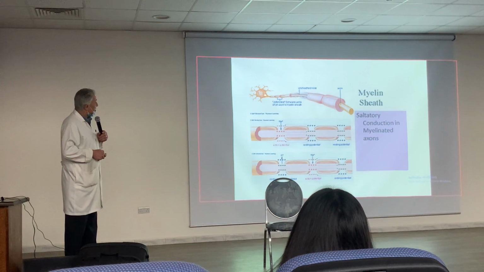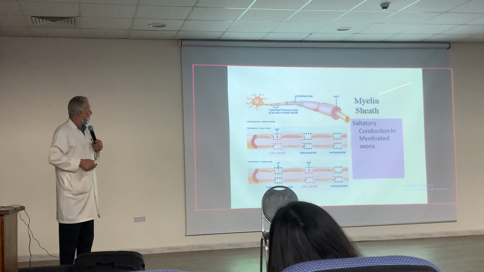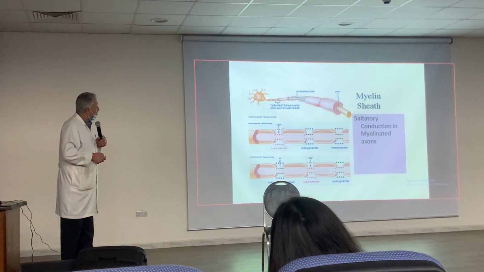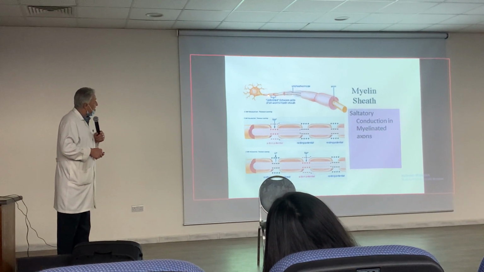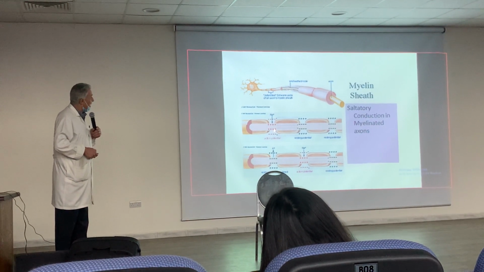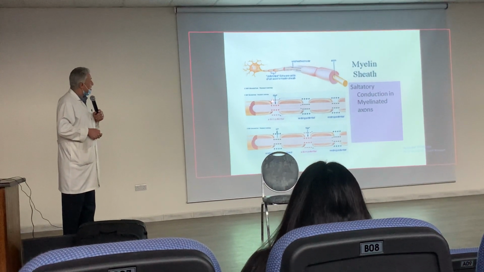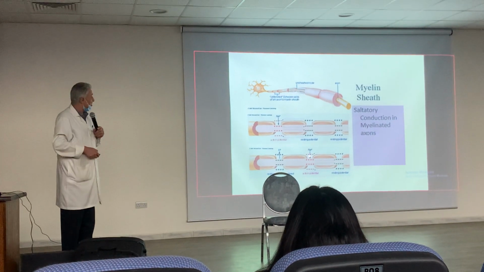But the axon hillock is positive inside with regard to outside. So the same thing, we are developing currents between the axon hillock, internal currents here, and the first node of Ranvier, and by these currents we are depolarizing that membrane. By depolarization, reaching the threshold, generating action potential and so on.